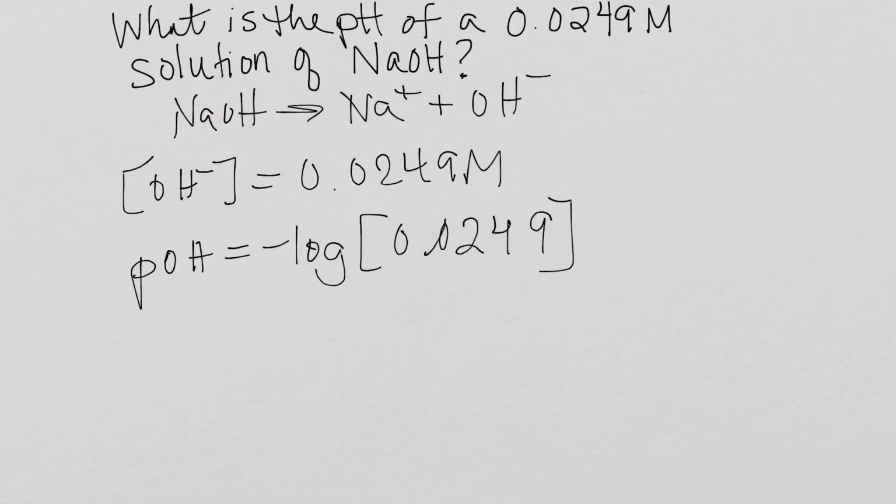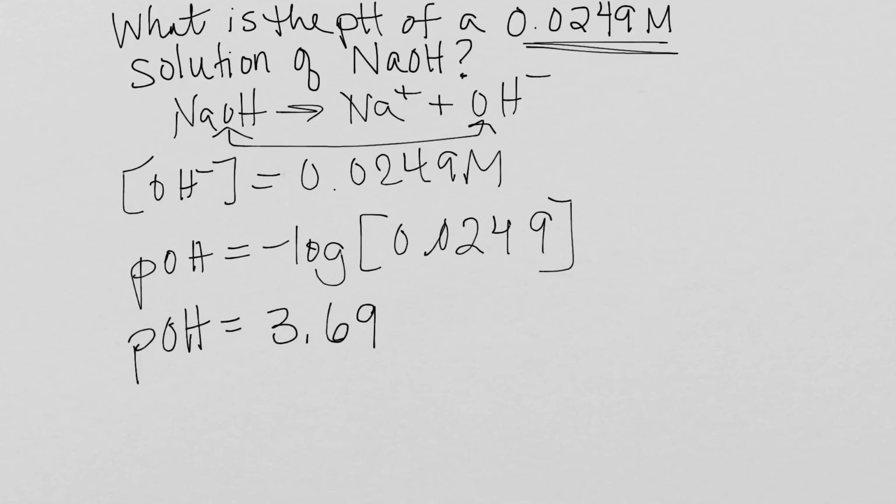Okay, because this right here is my OH concentration. For this reason here, it is a 1-to-1 ratio, and this right here is the sodium hydroxide, which means it's also the hydroxide concentration. So once I plug that into my calculator, and I push the negative button, and I push the log function button, which I'm looking for right now, when I put in the negative log of this, I end up getting 3.69.